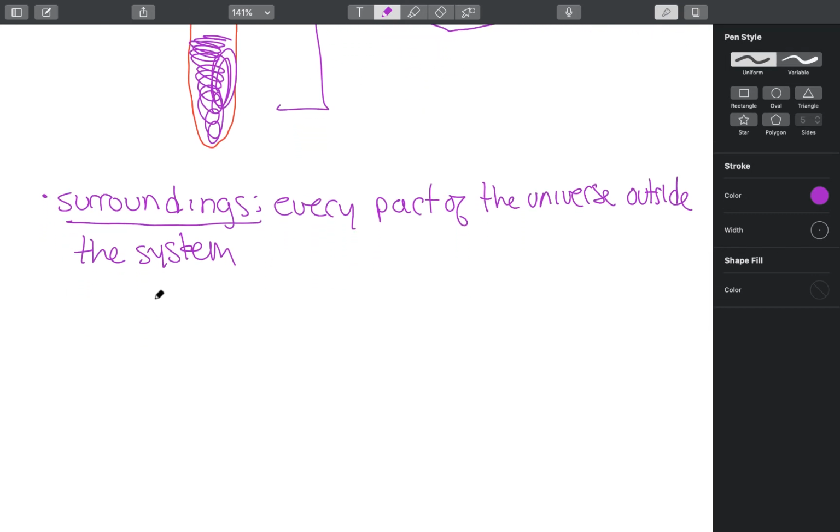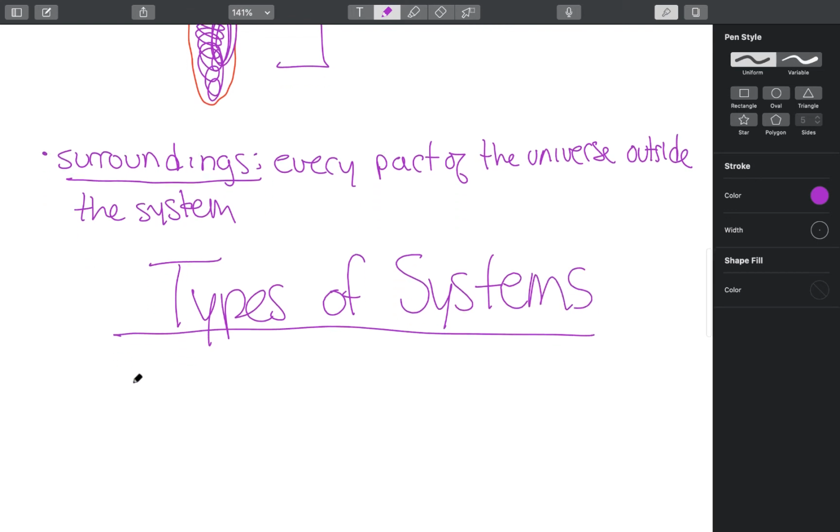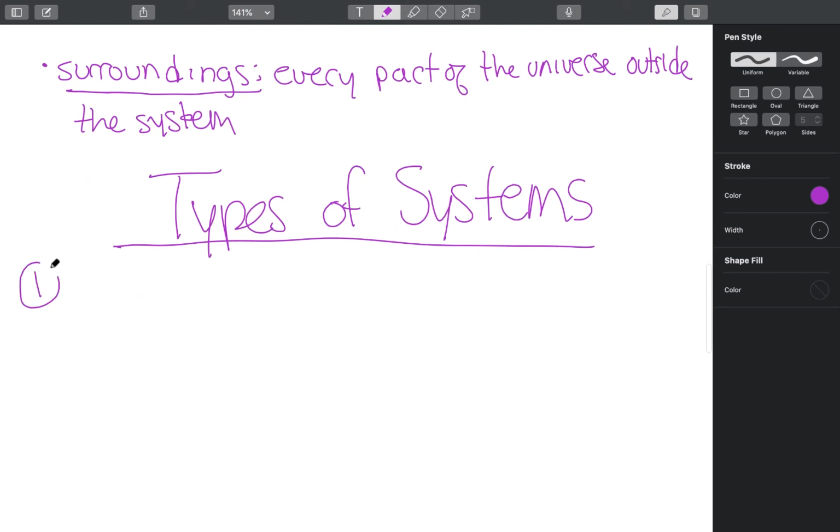So let's talk briefly about the types of systems. And there's three types. The first type of system is called an isolated system.